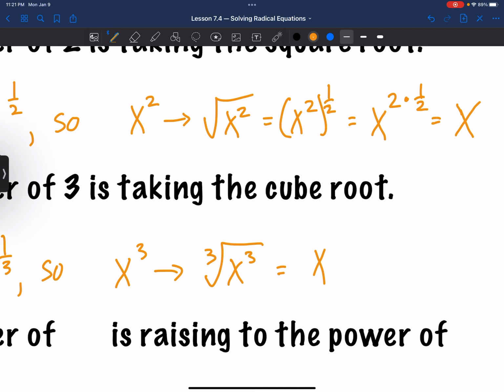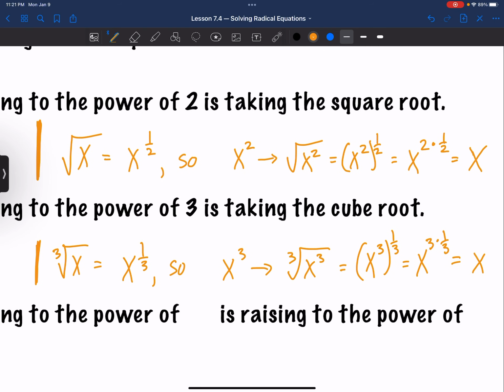So it's x to the power of 3 to the power of 1/3. And of course, just like the above example, that's 3 times 1/3, yielding x. So you can see that when you raise it to this power, you get x alone. You get the radicand all by itself with no more radical sign.